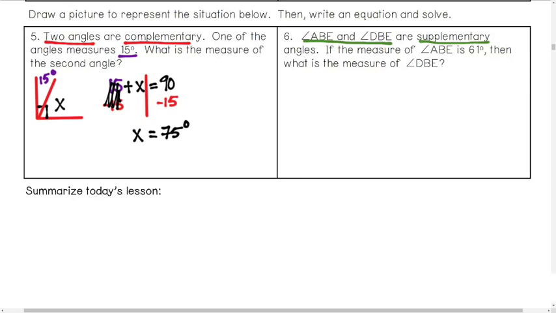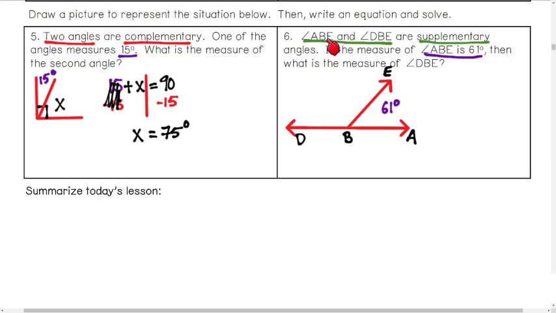So I have my straight angle here. I then cut that straight angle by this ray here, and I say this one is 61 degrees. Labeling it, I know that this is A, B, and E, because angle ABE is 61 degrees. So I put 61 degrees there, and I know that this right here is DBE because they are supplementary to one another.